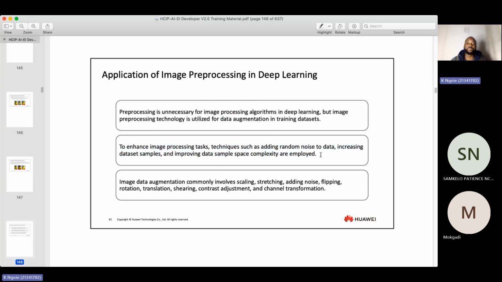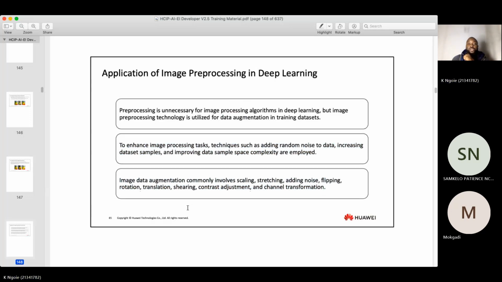Sometimes we just have to add more noise to the data or increase the data set samples instead of transforming the pictures that we already have. We can just add more pictures. Image data augmentation commonly involves scaling, stretching, adding noise, flipping, rotation, translation, shearing, contrast adjustment, and channel transformation.